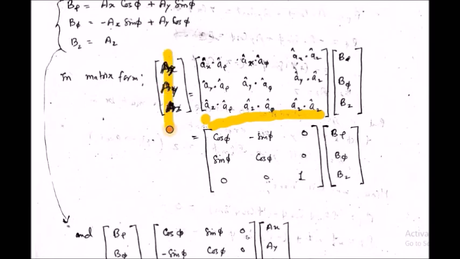So write the unit vectors for this coordinate system vertically, like this: ax, ay, az, ax, ay, az, ax, ay, az. And here what is the input? Input is b rho, b phi, bz. So the unit vectors corresponding to this cylindrical coordinate system will be written in the horizontal direction.